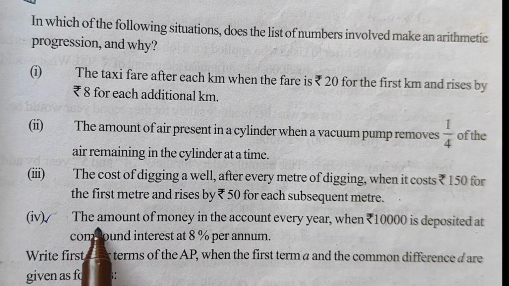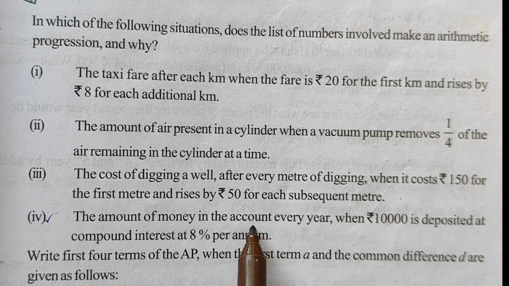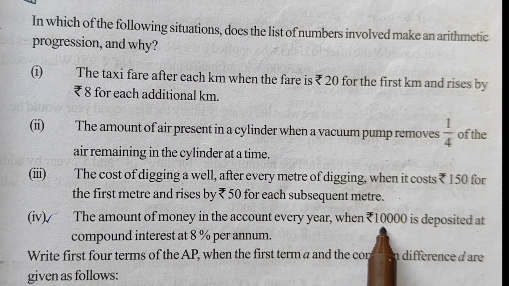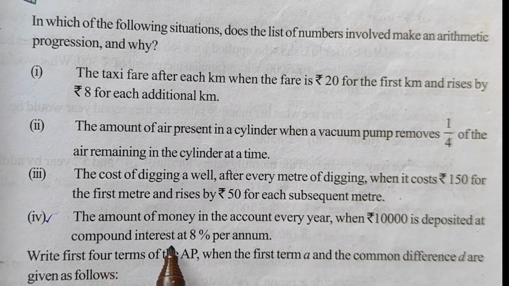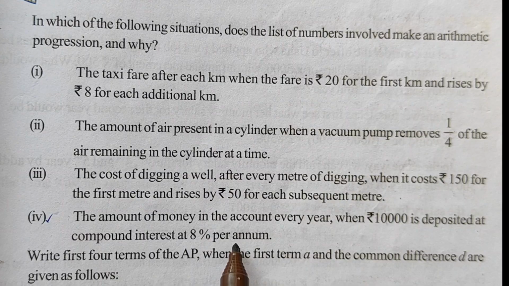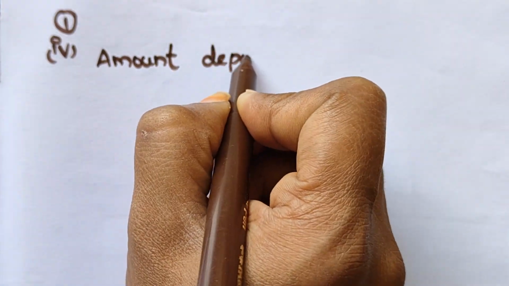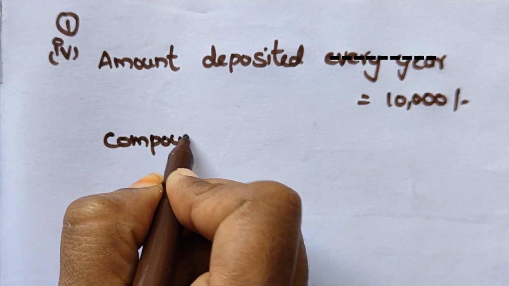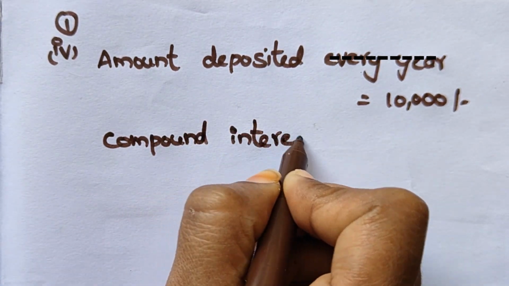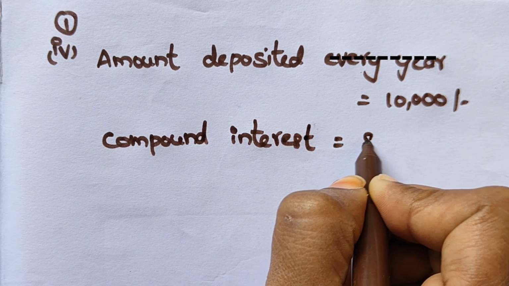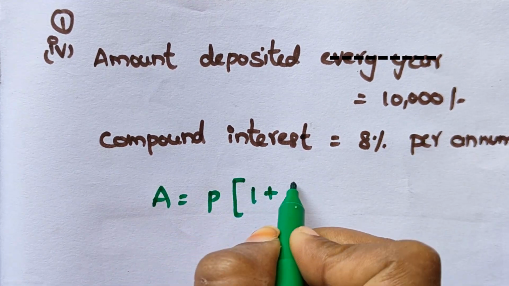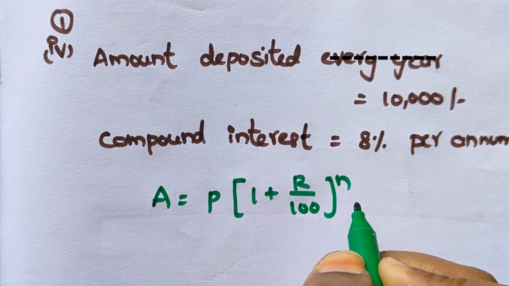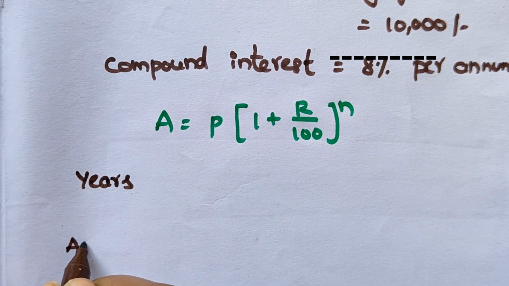Exercise 6.1, first problem, fourth bit. The amount of money in the account every year when 10,000 is deposited at compound interest at 8% per annum. Solution: amount deposited is equal to 10,000 rupees, given compound interest is 8% per annum. We have the formula A is equal to P into 1 plus R by 100 whole power n.